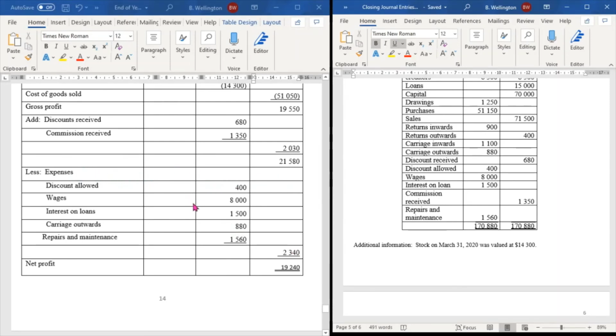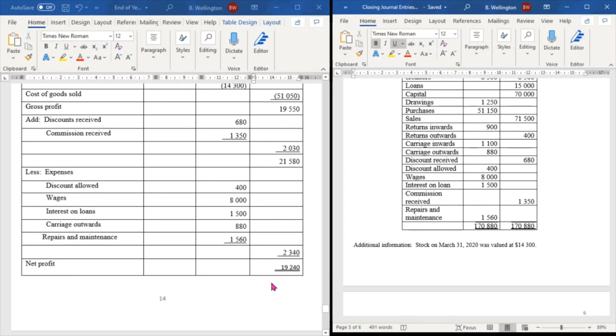All right, so discount allowed $400, wages $8,000, interest on loans $1,500, there it is, and repairs and maintenance $1,560, which gives you a total.